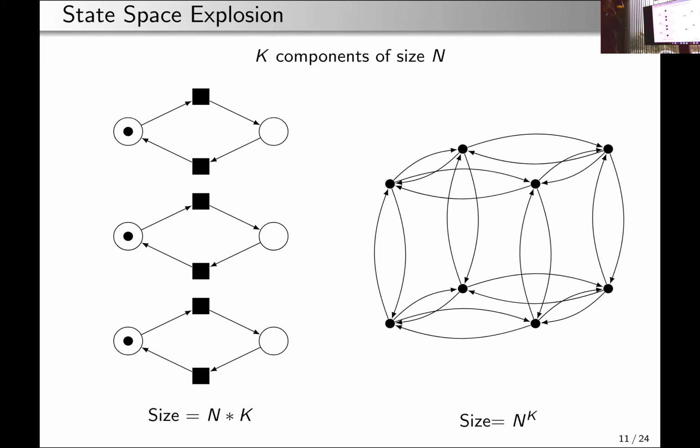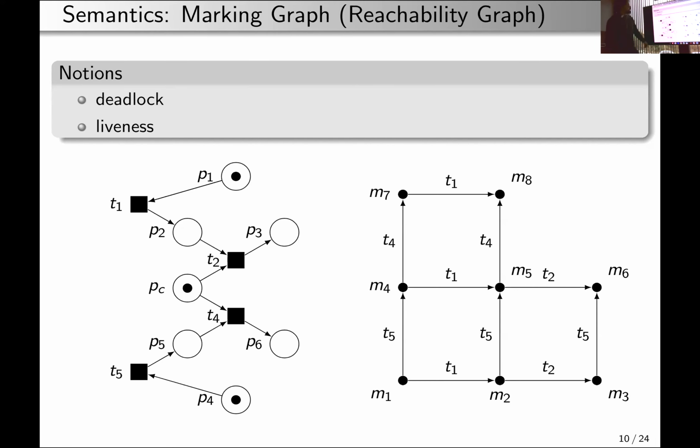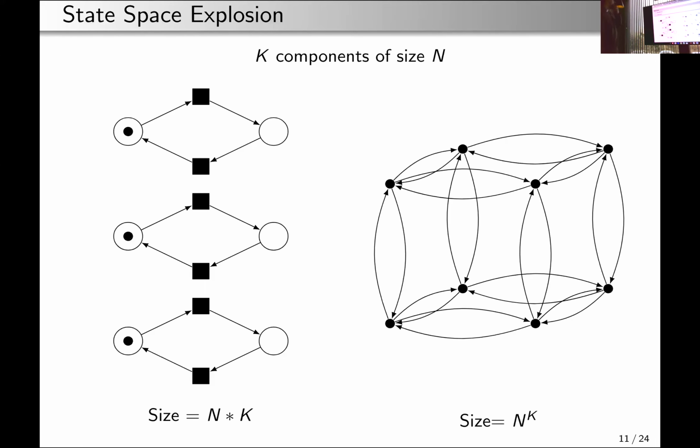What's nice about Petri nets is that instead of representing concurrency with this interleaving of events, I just represent it by having two transitions that are distant from each other in some sense of distance.